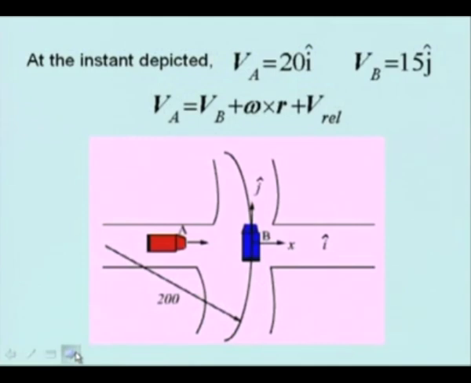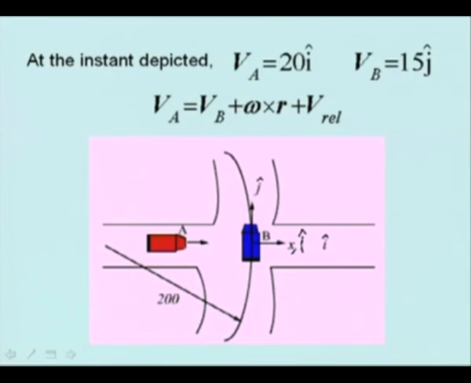Now, apply the relative velocity formula. VA is equal to VB plus omega cross R plus V rel. We are attaching the moving reference frame to car B, with x unit vector in the i direction, then y in j. This reference frame is rotating on a circular path.